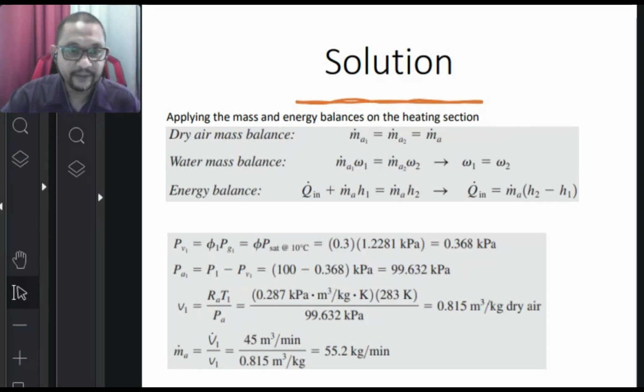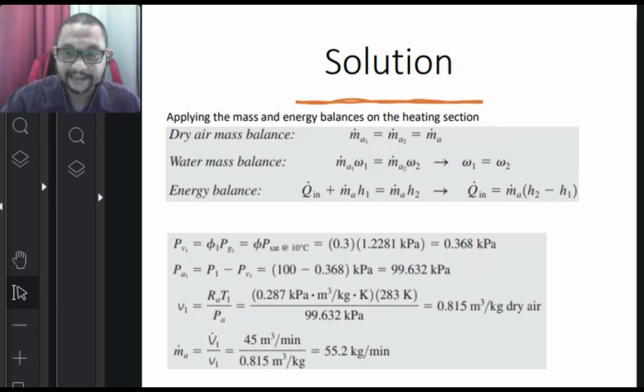Or another choice you can do is by using the formula, as you studied previously in the part one lecture.